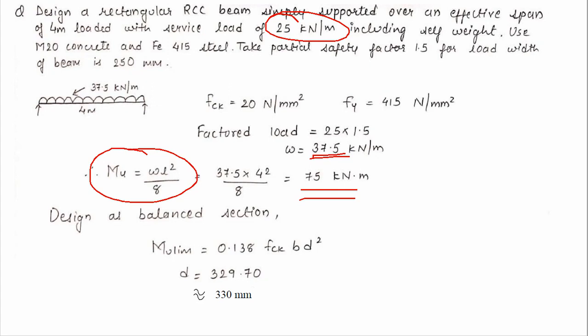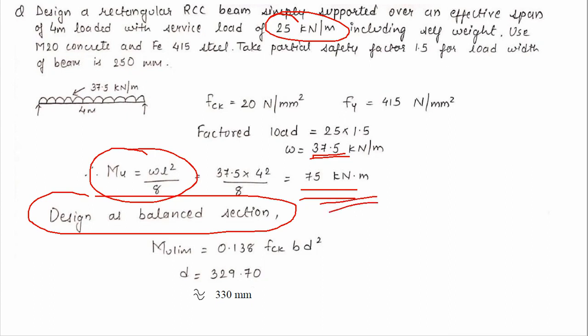Now as this is a design example, as we have seen previously, we assume we are designing a balanced section, and due to this assumption Xu will be equal to Xu max and Mu will be equal to Mu lim. So this Mu can be directly taken as Mu lim.